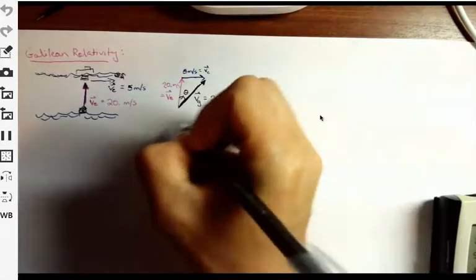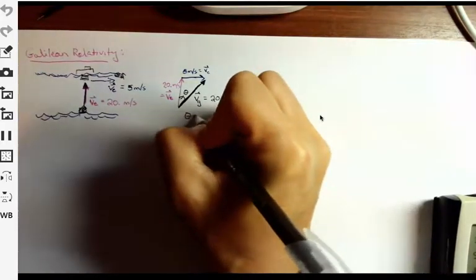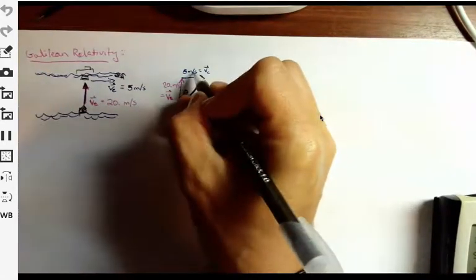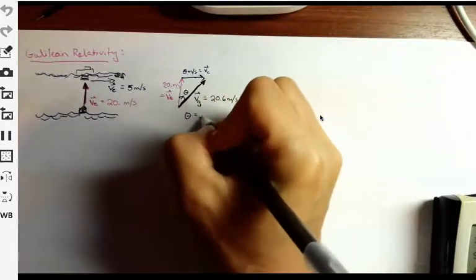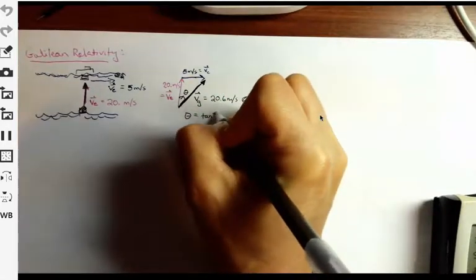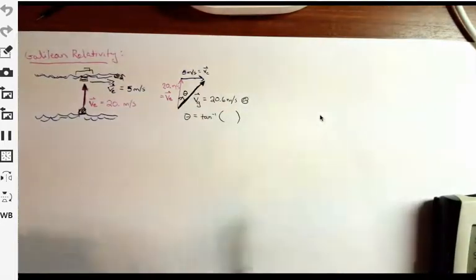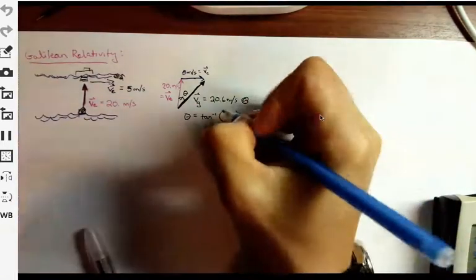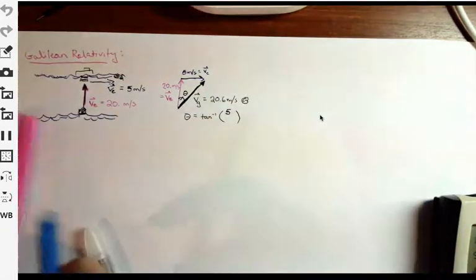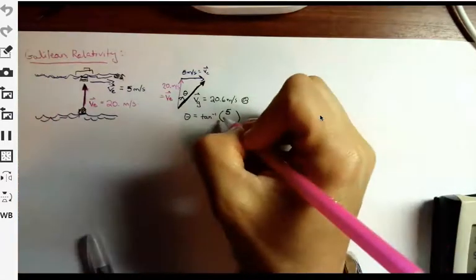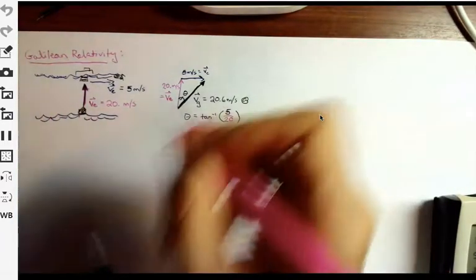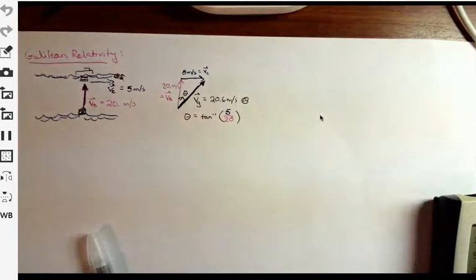How far are you going to be swept downstream? Well, let's find theta. We have opposite. We have adjacent. Theta is the arctangent. It is the angle whose tangent is 5, check, going east, positive, over 20, check, going north, positive. That's about 14 degrees.